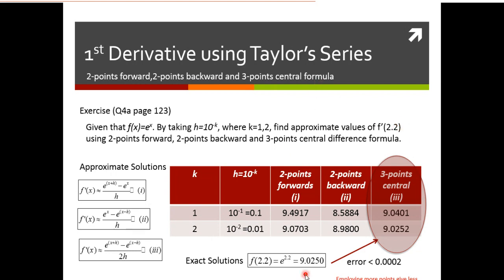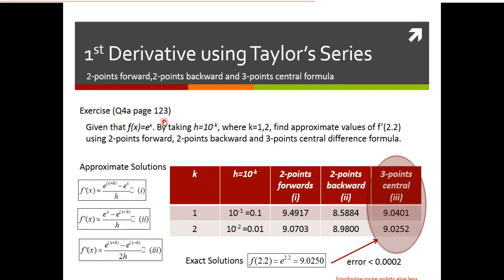So from this table, you can know the error value by calculating the absolute error or the percentage of relative error using the formula that you have learned in chapter 1. The exact solution for the f(x) value when x equals 2.2 can be calculated directly using this formula.